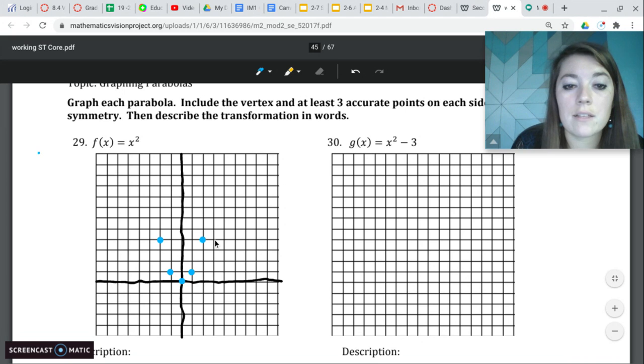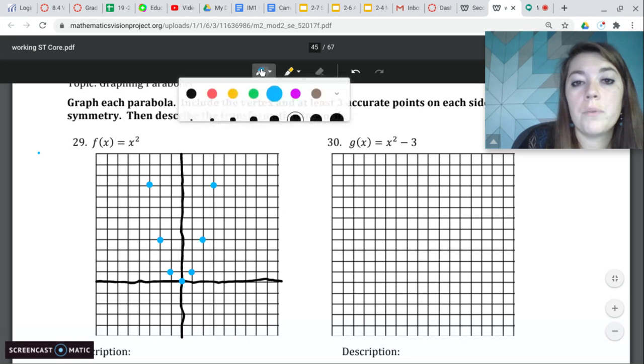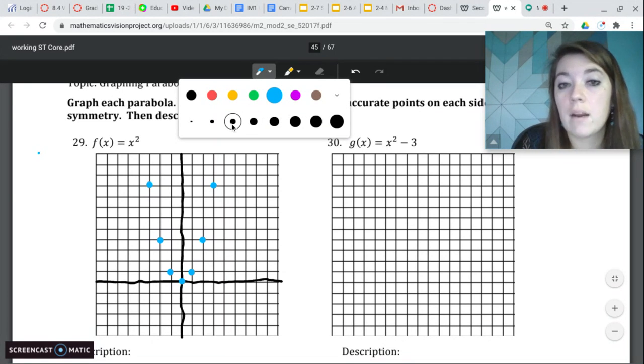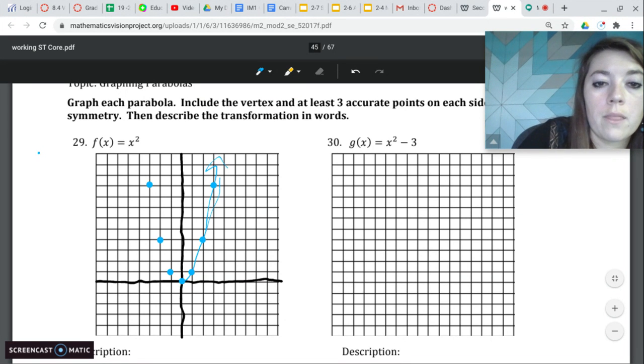Now we go 3. 3 squared is 9. So 4, 5, 6, 7, 8, 9. Then we go over to negative 3 and 9. So this is our parabola. This is what the parent function of a quadratic equation looks like.